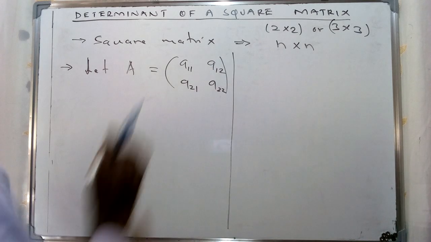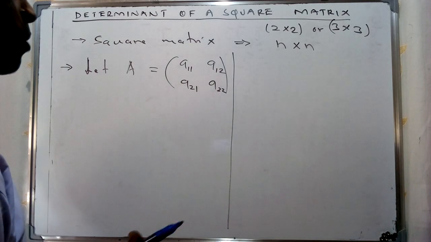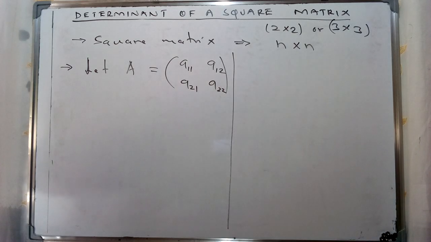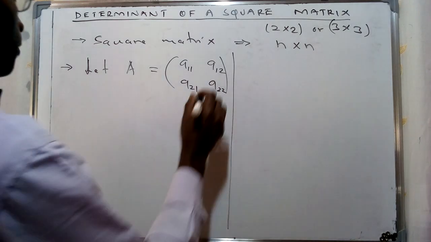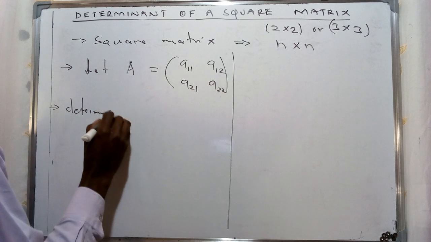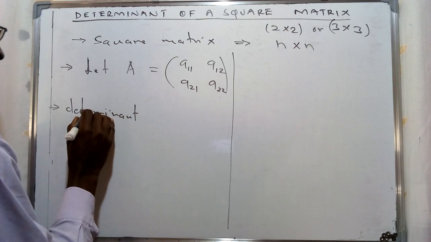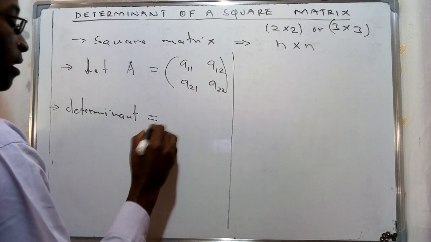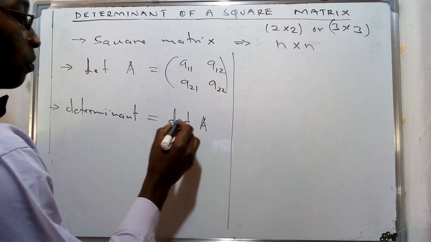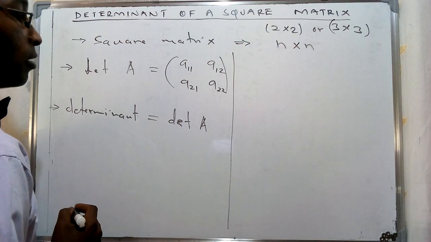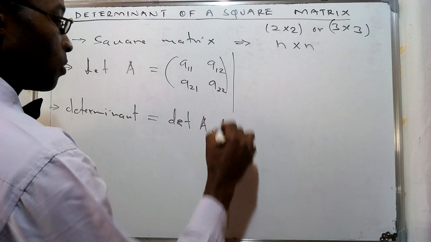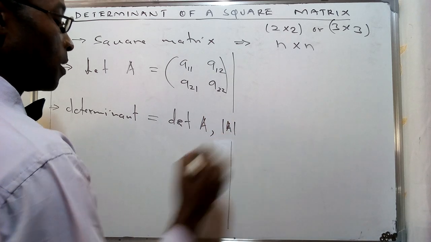We're going to see that determinants are defined on square matrices. So we can write the determinant of this matrix A using the notation det A. This gives a notation for the determinant of a matrix A. In some cases, we are going to have this given using other notation.